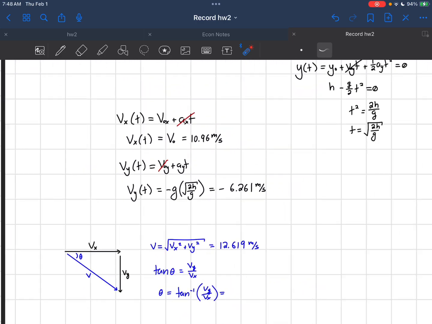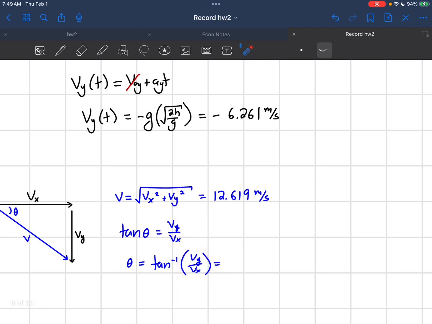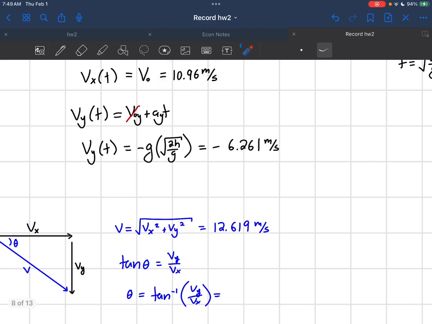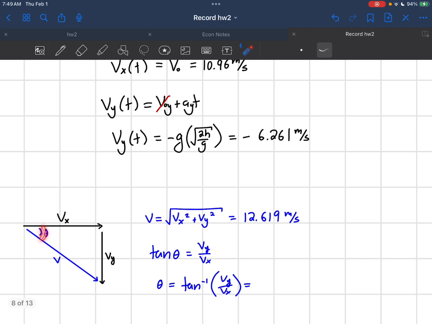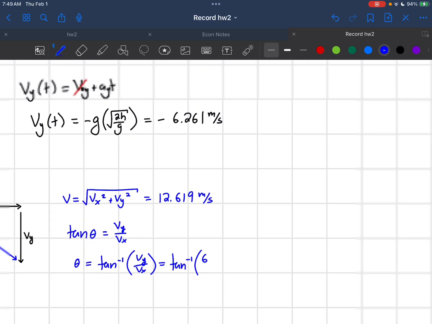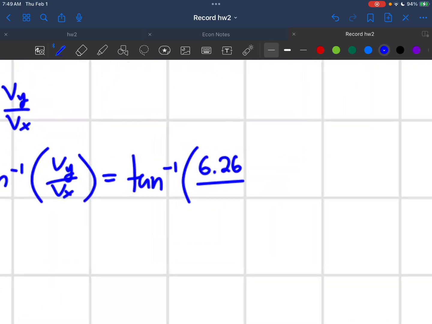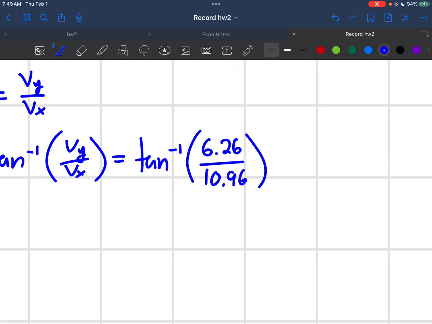Then all I have to do is plug in my x and y components. When I'm punching this into a calculator, I want to just punch in the magnitudes of my Vx and Vy, because a calculator will get confused if you try to plug in a negative inside. It's not as smart as we are. We've already accounted for the fact that it's below the horizontal instead of above the horizontal. So I plug in a positive 6.26 for my Vy and my positive 10.96 for Vx.